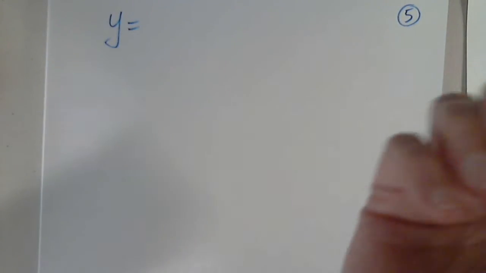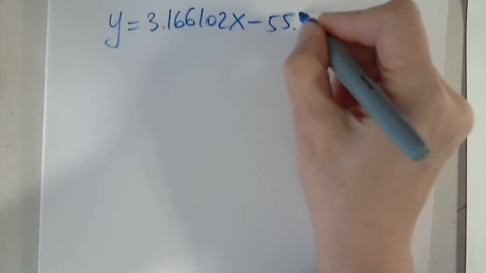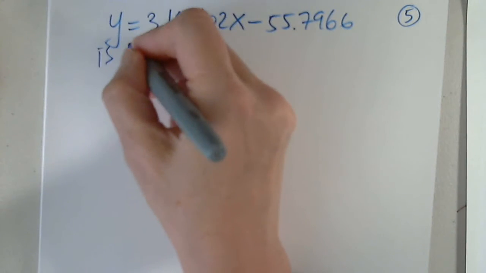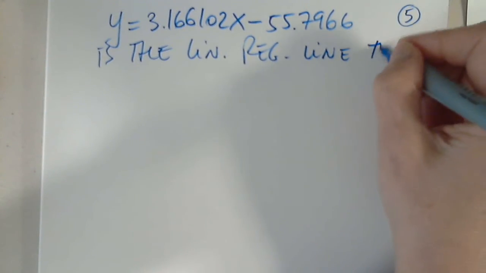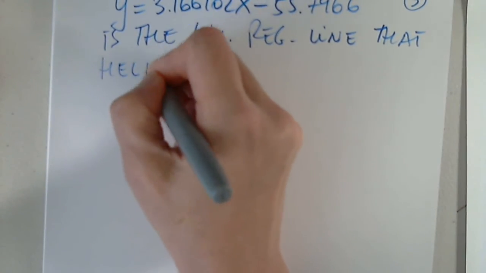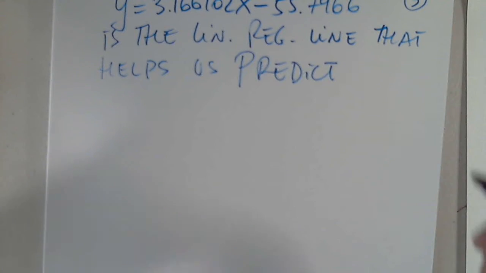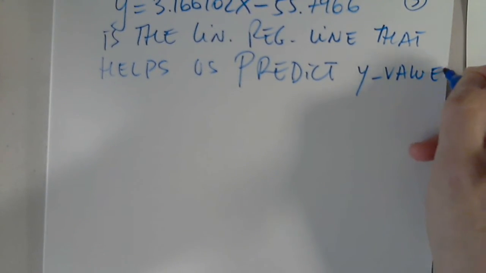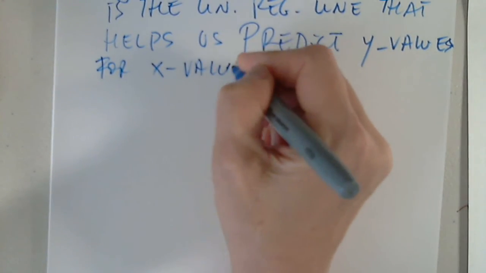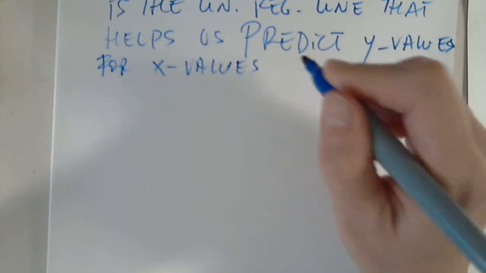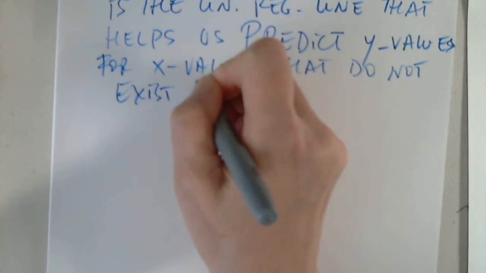In our case, y equals 3.166102x minus 55.7966 is the linear regression line that helps us predict Y values for X values that do not exist in the data set.